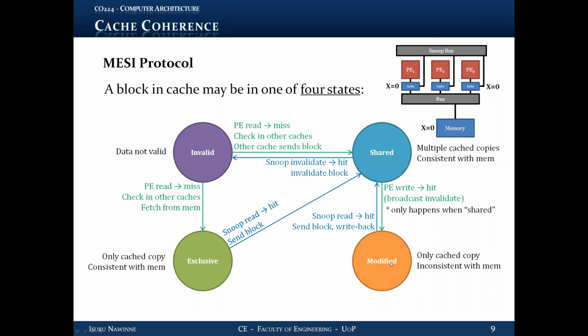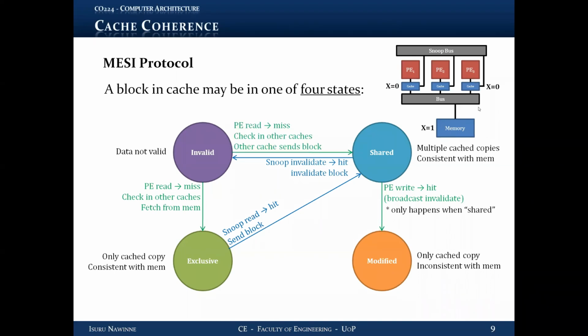Cache 3 controller had the modified copy, the only cache copy, inconsistent with memory, right? After the previous step, cache 3 had the modified copy. The latest update is there, memory has the old value, right?